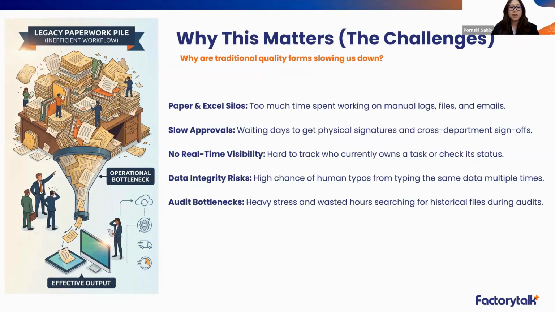However, as operations grow, it often becomes a major source of inefficiency and risk. For example, the quality team spends a significant amount of time maintaining manual logs, updating spreadsheets, and searching through email threads just to track a single quality event. Approvals can also take days because documents need to be routed between different departments for review and e-signatures.